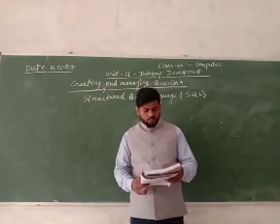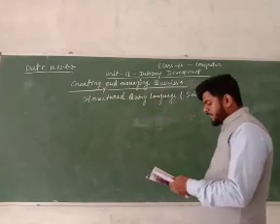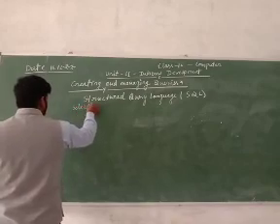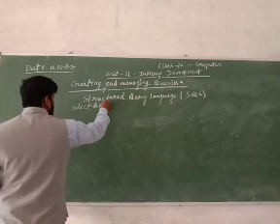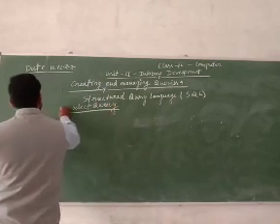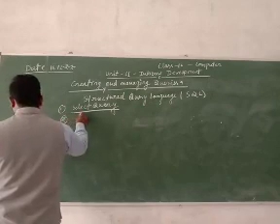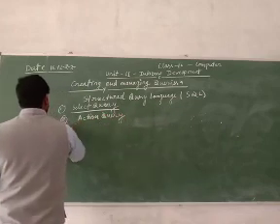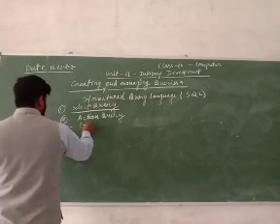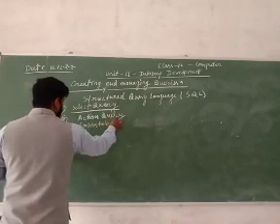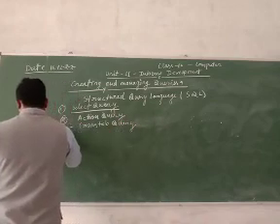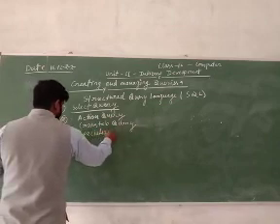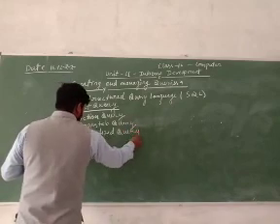Some of the basic query types are as follows. The first type of query is select query, the second is action query, the third one is cross tab query, and the fourth one is specialized query.